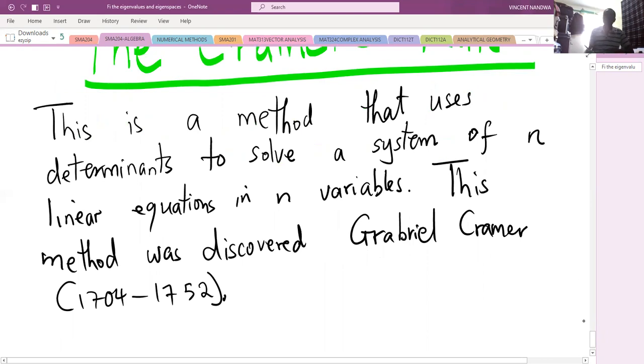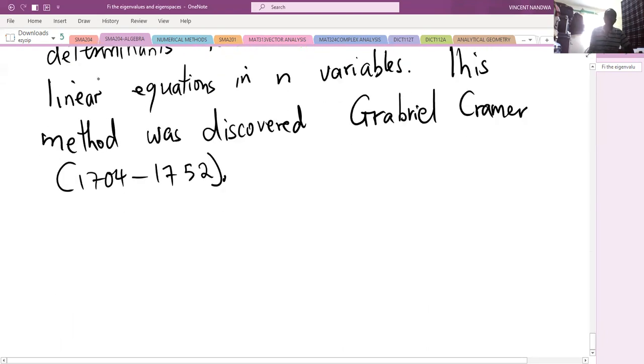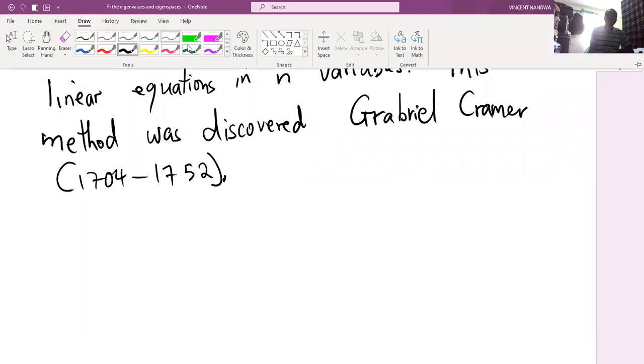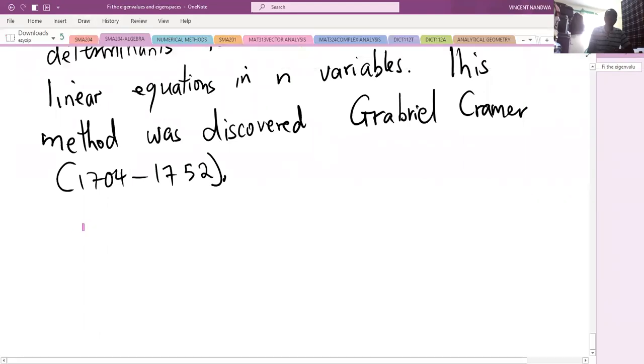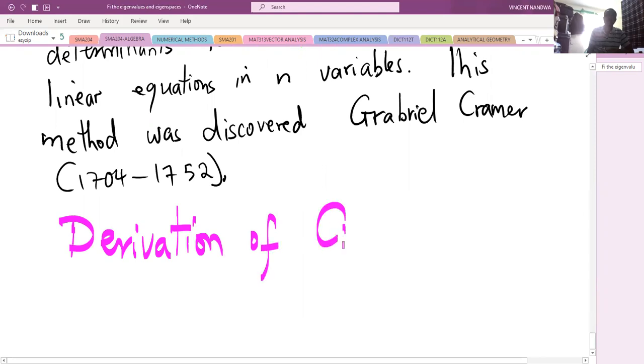So let's illustrate the derivation of Cramer's rule.